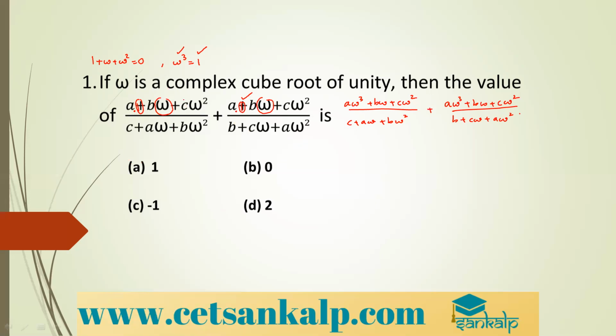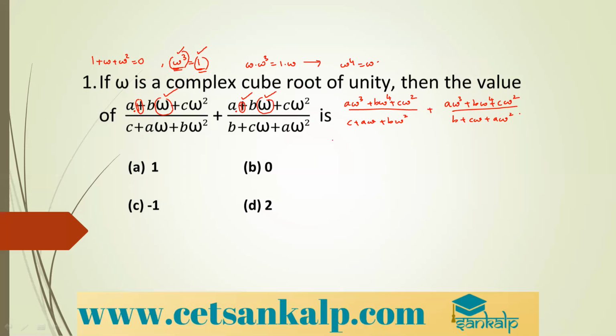If I know ω³ is 1, then if you multiply both sides by ω, to ω³ you multiply ω, to 1 also you multiply ω. Then from this you can say ω⁴ is ω. That means instead of this ω, we can write ω⁴. Again, bω, we can write as ω⁴.